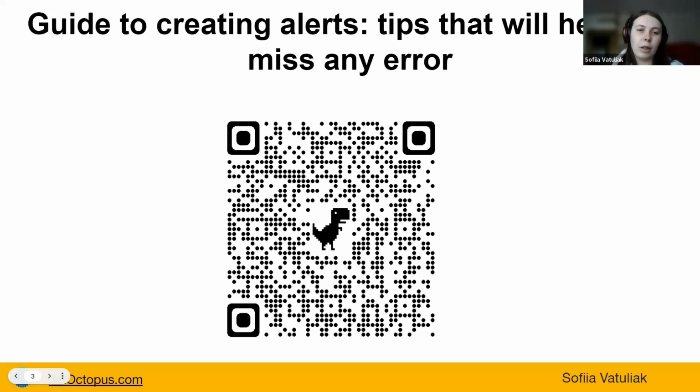And before we go to the main part of our webinar, I want to share my experience with alerts. I work with large websites, and every drop in traffic or every technical issue costs a lot of money for us. That's why we have set up a lot of different alerts in JetOctopus, and of course, we have alerts in other special tools.